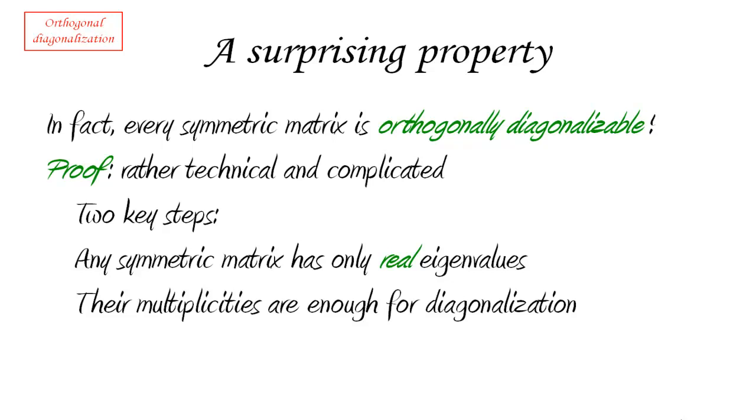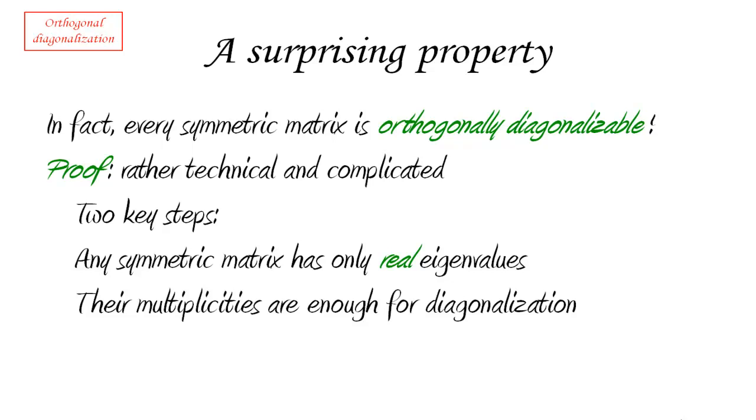Remember that in order to obtain diagonalization, you need enough eigenvectors, and that means that the multiplicities of those eigenvalues have to be sufficient both geometrically and algebraically. So the geometric multiplicity has to be equal to the algebraic multiplicity. But it turns out, if you start from a symmetric matrix, both of these facts are true, and they allow, together with a whole bunch of other technical steps, to prove that the matrix is orthogonally diagonalizable.